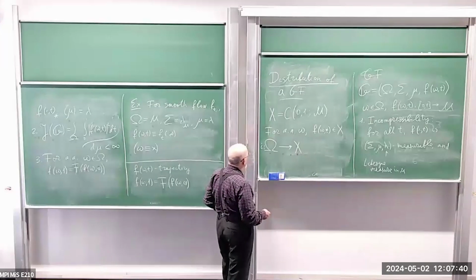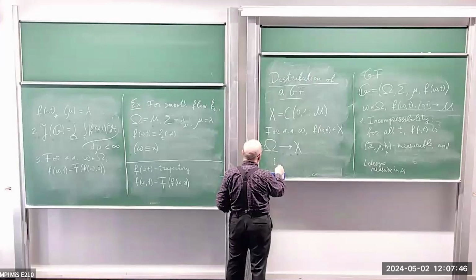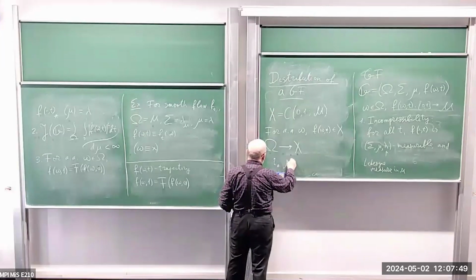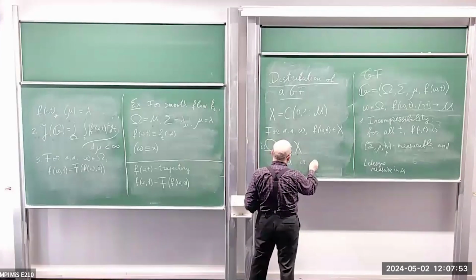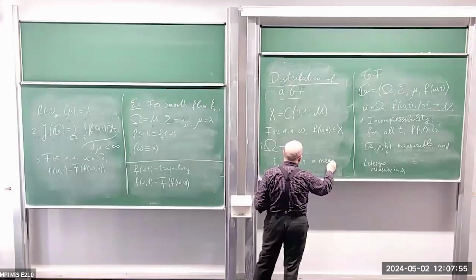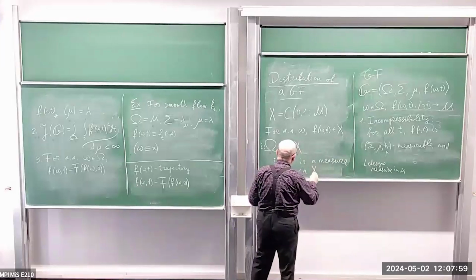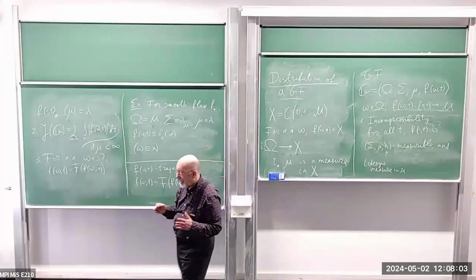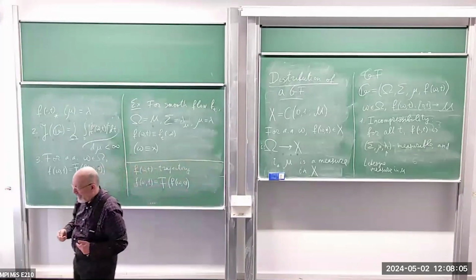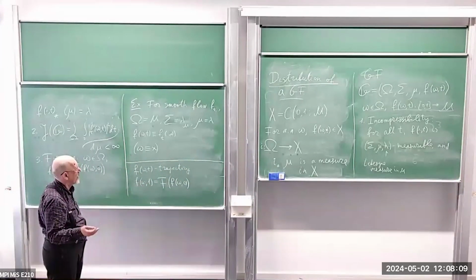And so we consider I star mu, a measure in X. So we simply consider every trajectory as itself.